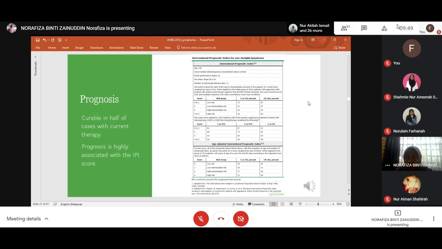I will get back to you on this. For PFS, 3-year progression-free survival is 87%. Yeah? For 3-year overall survival is 91%. So you can see that the higher the score, the shorter the progression-free survival and also overall survival.